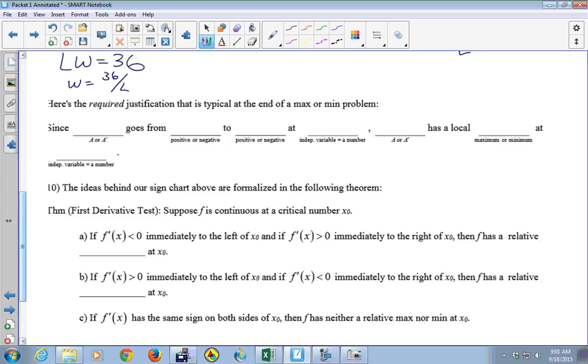Since A prime goes from negative to positive, at x equals, oh sorry, L was our independent variable, at a length of 7.35, A has a local minimum at x equals 7.35. So when you're solving an optimization problem, you should always finish by writing a sentence like this that justifies your conclusion.